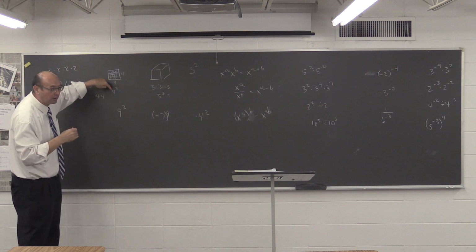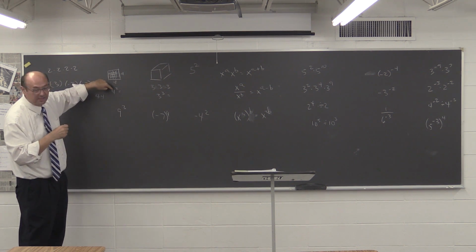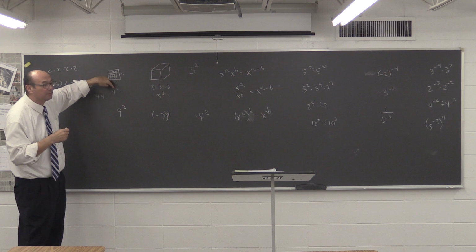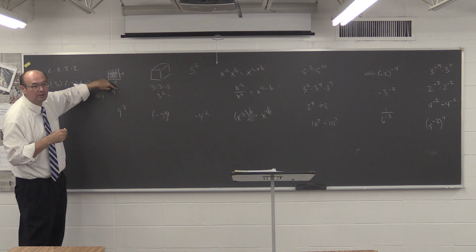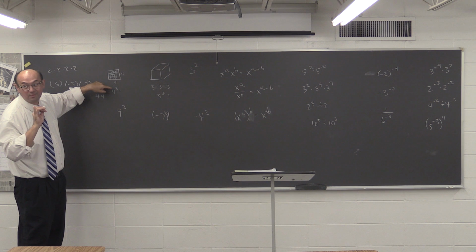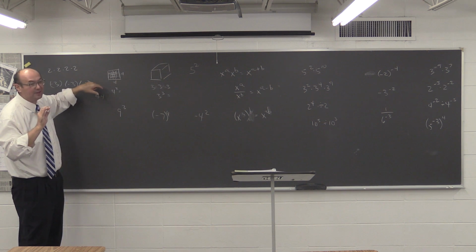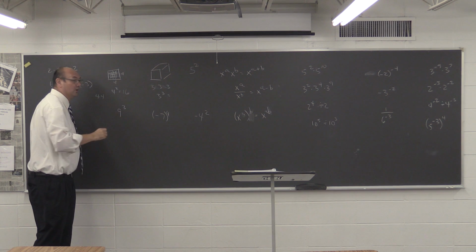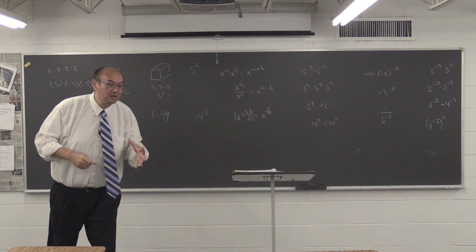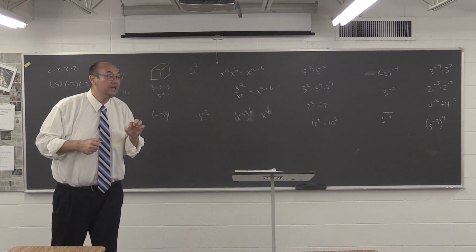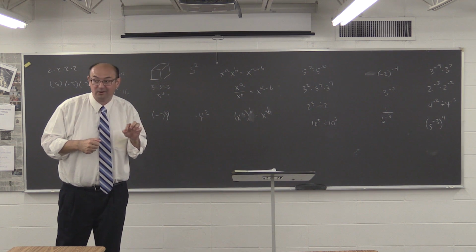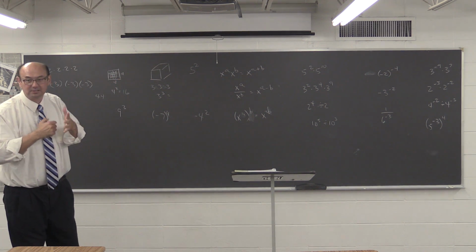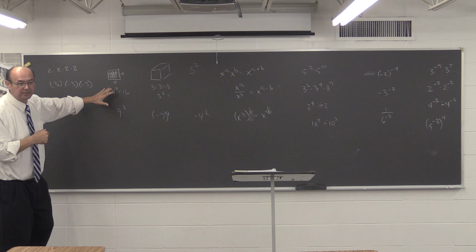I take the 4 and multiply it by itself, how many times? 2. So what's 4 times 4? 16. It's not 8, we don't want that. So just remember, it's always, always, always multiplication.